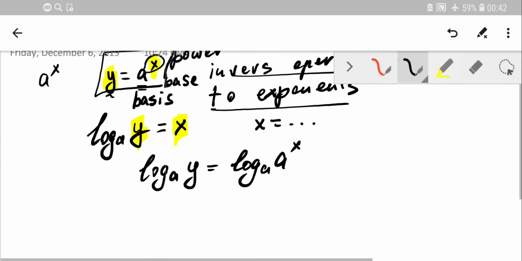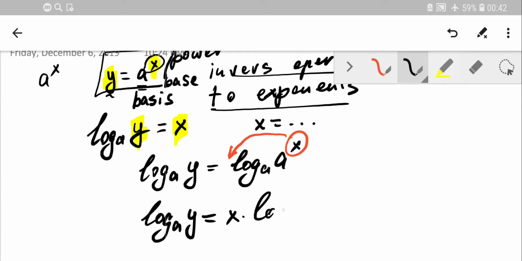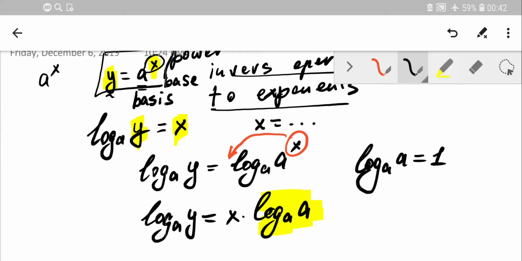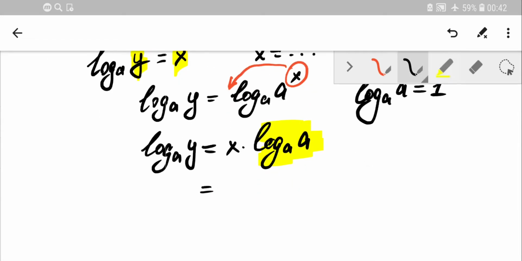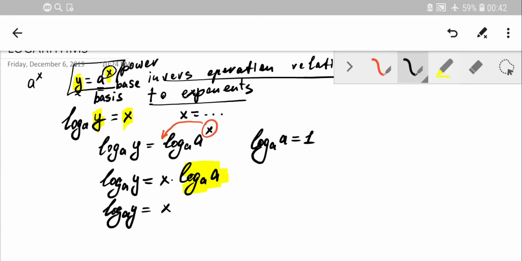What actually happens is that this x as the power goes before log, that's just by definition, and that's why log a y becomes simply x times log a. And using a specific property, log a becomes 1. All right, so that's why we get x equals log a y. So that's how we proved that this is an inverse operation relating to the exponents.